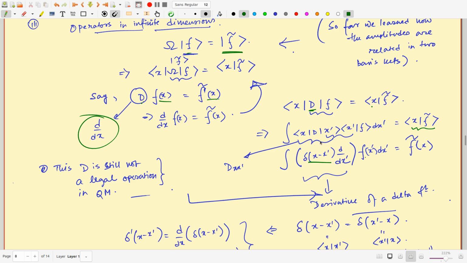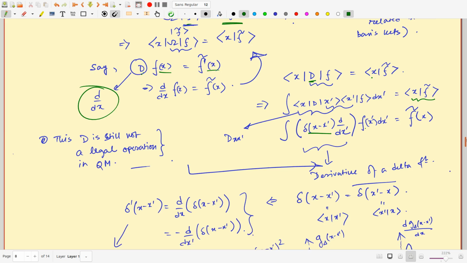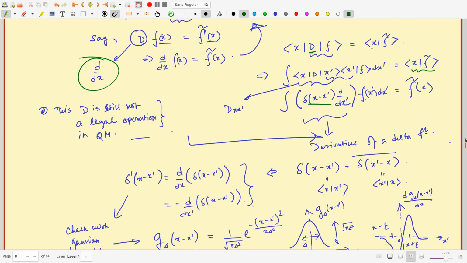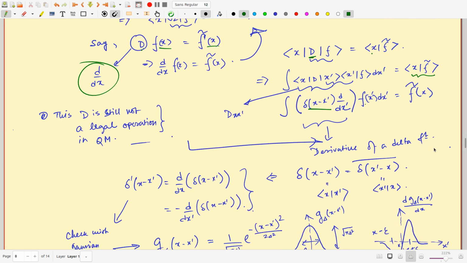Now let us understand this fully. To understand this operator fully, let me introduce another idea, which is the derivative of a delta function. Notice one more thing: this D is still not a legal operation in quantum mechanics, because this is just a derivative. We have not done anything special to make sure that it is a Hermitian operator, and there is no reason for it to be one yet.